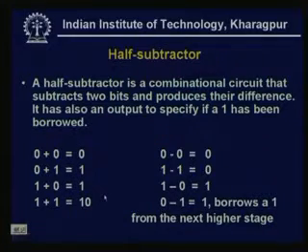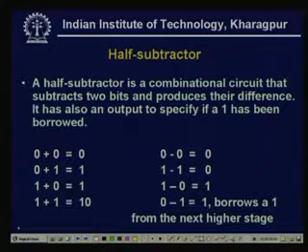Now, a half subtractor is a combinational circuit that subtracts 2 bits and produces their difference. It also has an output to specify if a 1 has been borrowed. The similarity with the adder is that for addition, one sum and one carry are generated.